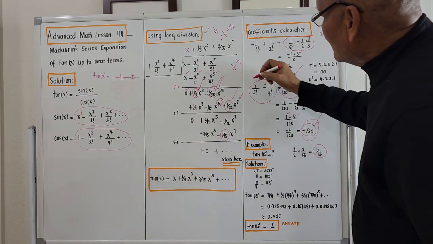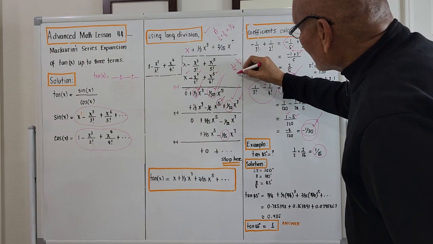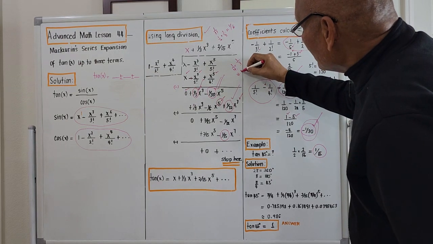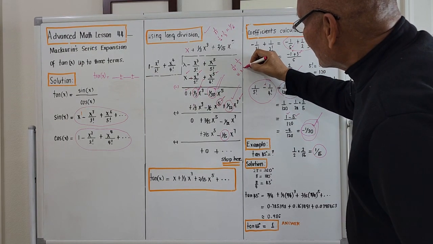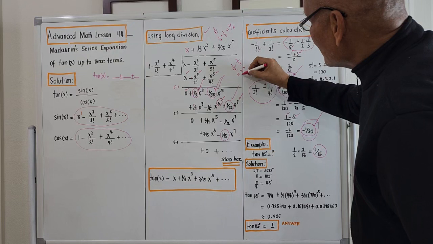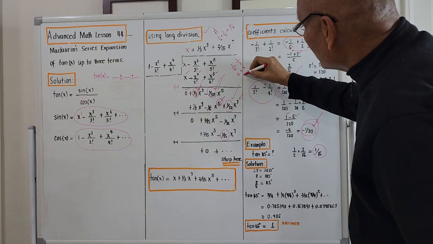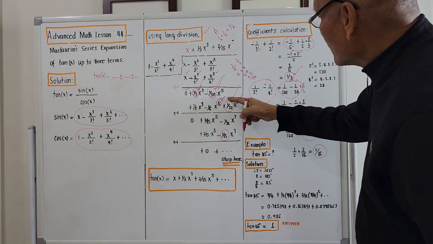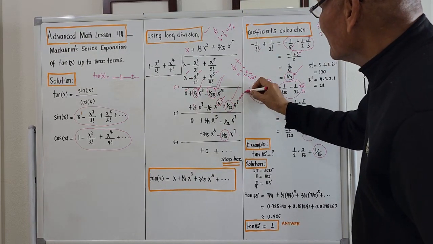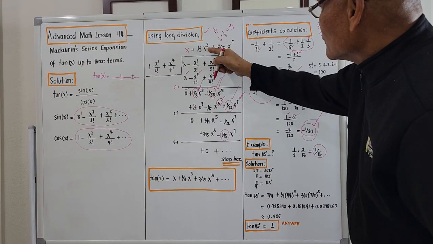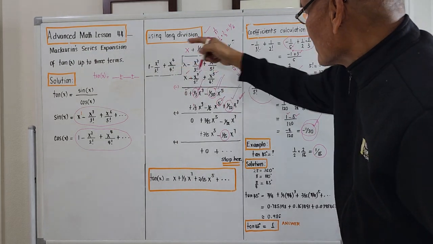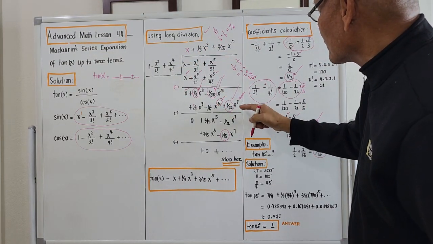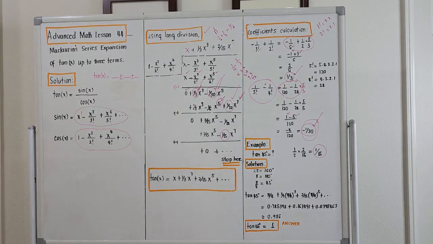Is it 72? Because 4 factorial is 4 times 3 times 2. 4 times 3 is 12, times 2 will be 24. 24 times 3 will be 72. So this is 1 over 72 x to the 7. So the product of 1/3 x cubed times x to the 4th over 4 factorial is actually 1 over 72 x to the 7. Okay?